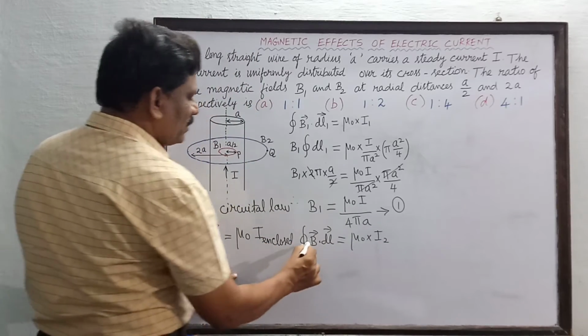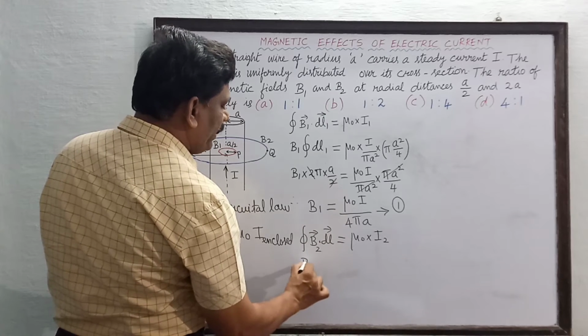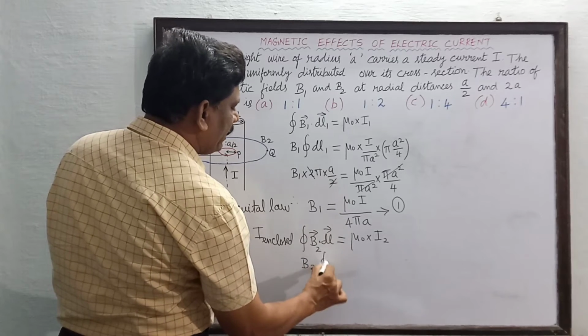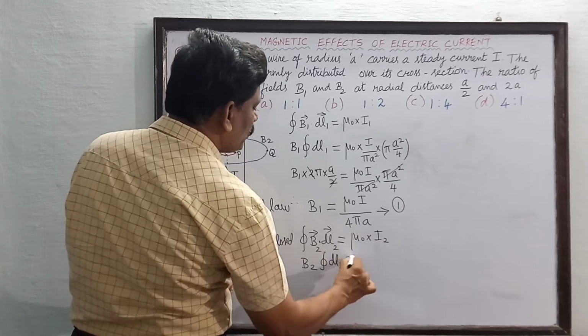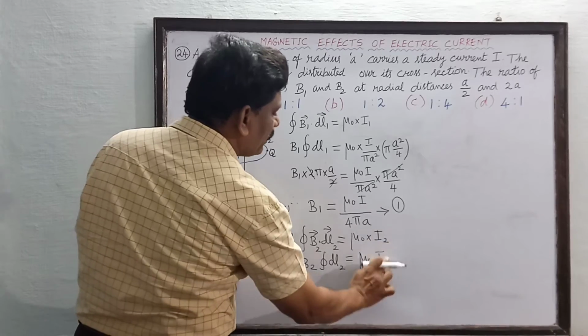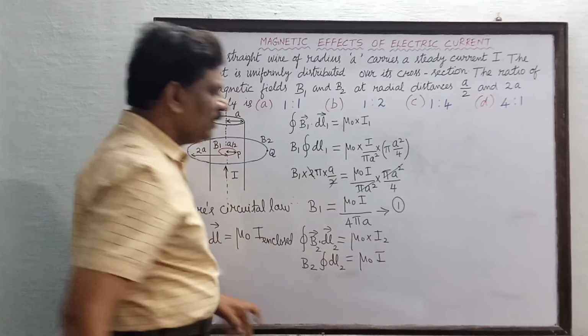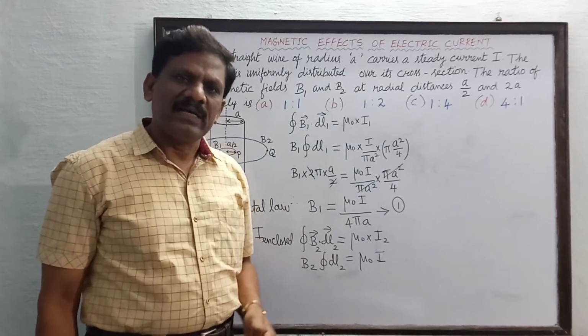So this is equal to what? Instead of this, I will take B2 into the line integral dl2, which is equal to mu naught into I. I2 is nothing but the actual current I which is flowing through the conductor.